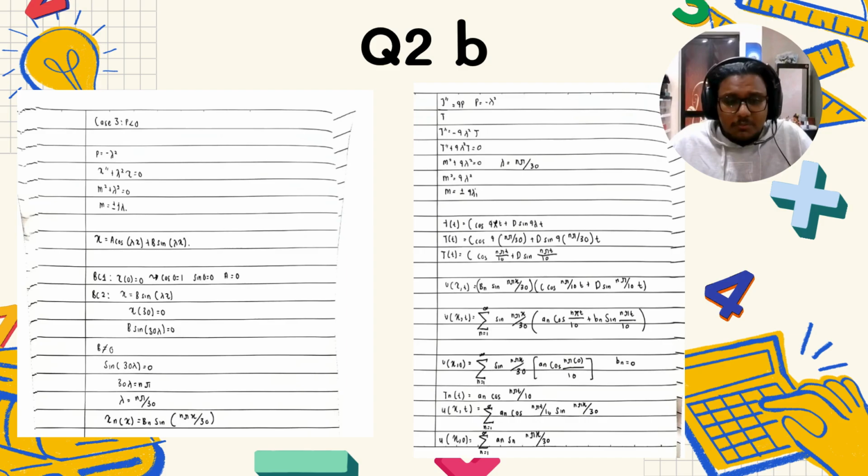Just like before, we look at the characteristic equation, which is m squared + 9 lambda squared = 0. Solving for m gives us the imaginary roots m = plus or minus 3 lambda i.